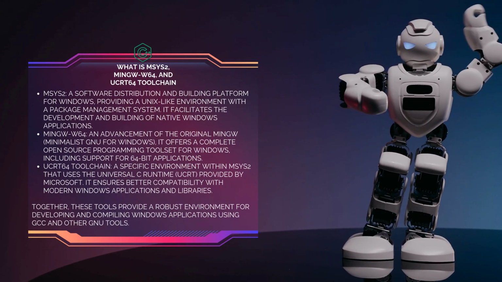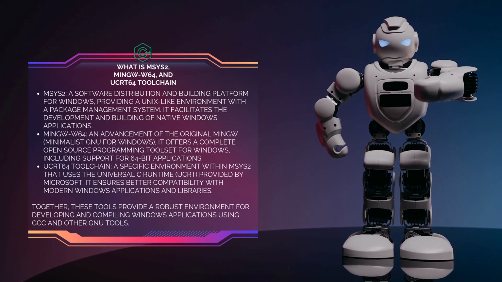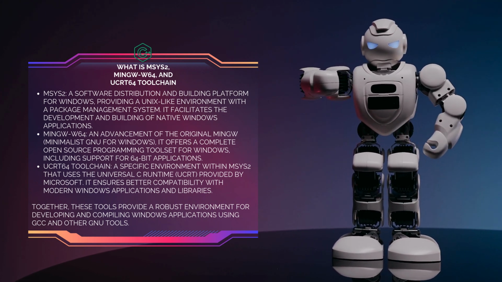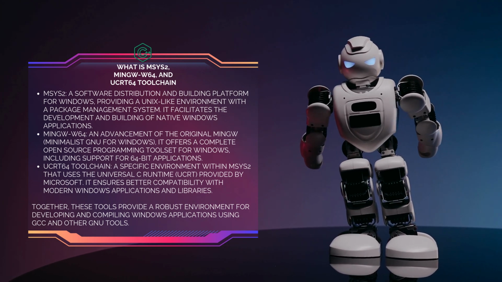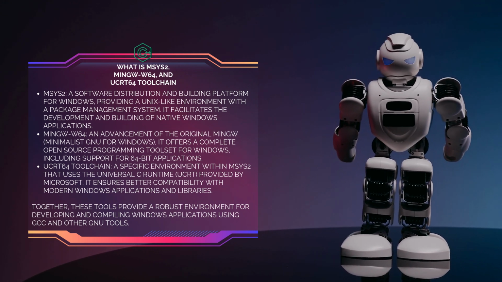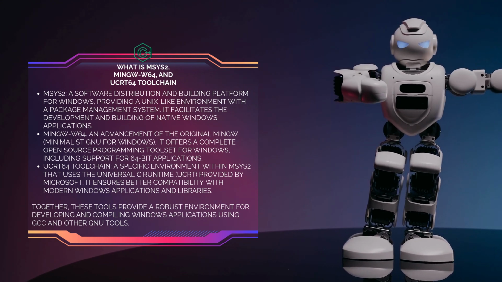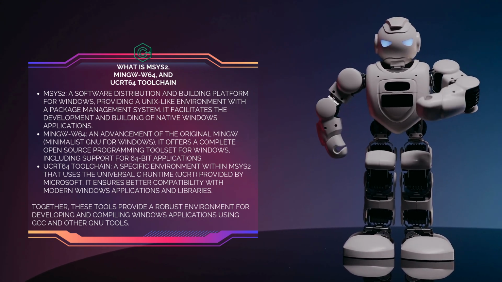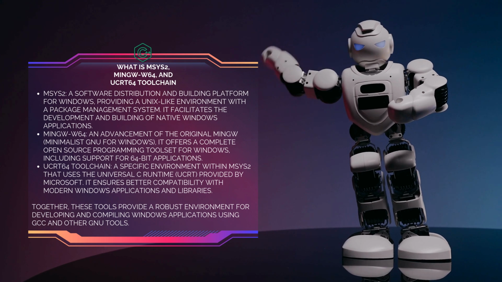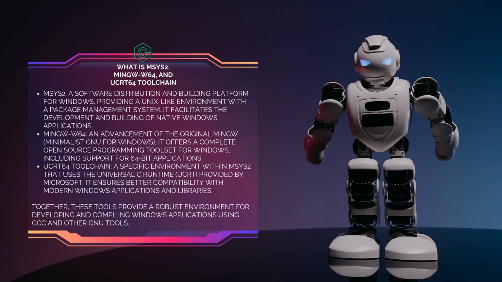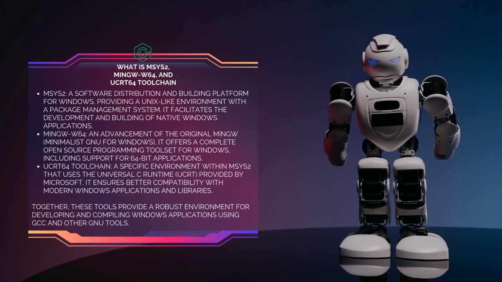Now we got to talk about your development environment and your tool chain. So we're going to be using MSYS2, MinGW, and UCRT. Your MSYS2 is a software distribution and building platform for Windows, providing a Unix-like environment with a package management system, and it facilitates the development and building of native Windows applications.